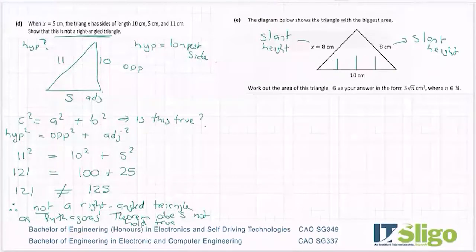So a couple of things. This is an isosceles triangle. In other words, the two sides are equal. So in this type of triangle, can you see that it has an axis of symmetry?